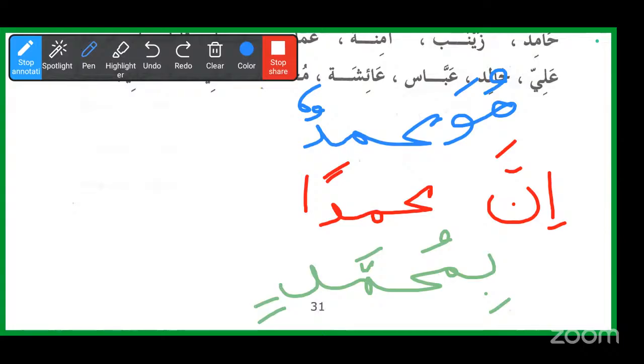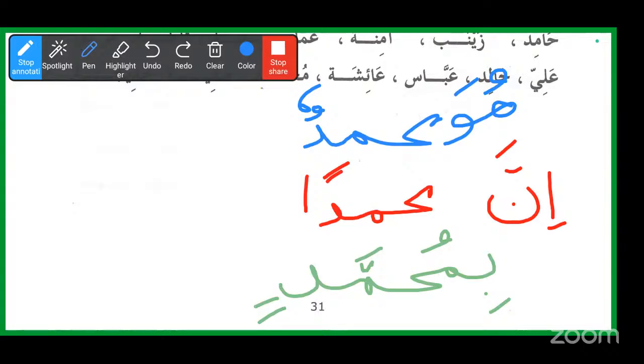So for example, in the kalima, we will just say Muhammadun Rasulullah. And in adhan and iqama, because it's ashhadu anna Muhammadan Rasulullah, we say tanween fatha. Correct. Okay, thank you.